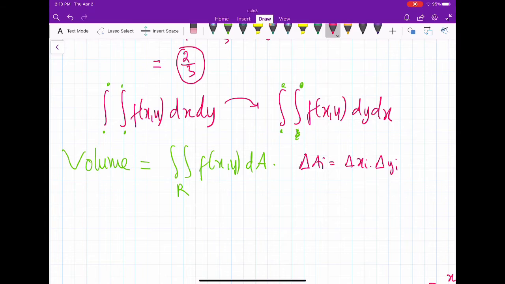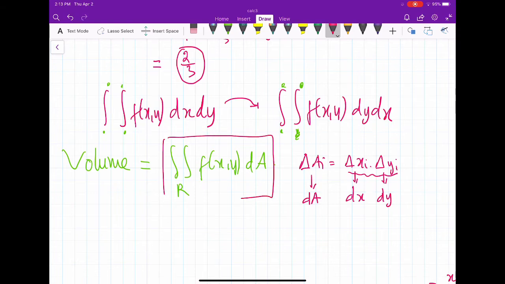So when you go from this notation to integrals, delta A_i goes to dA, delta x_i to dx, delta y_i to dy. That means you may have hope to rewrite this integral in terms of an iterated integral. Makes sense? But it really depends on how you use the order, dx dy or dy dx.